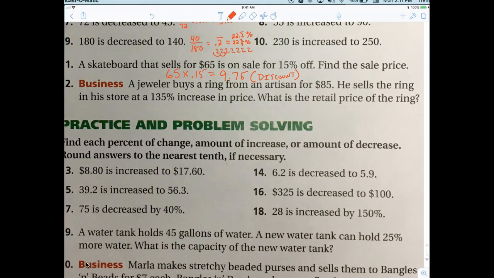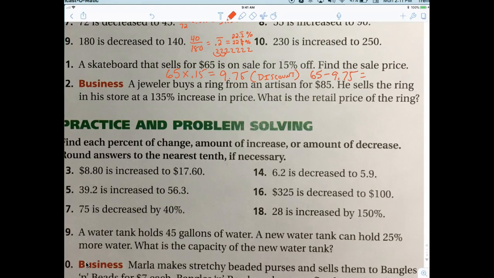9.75 plus 65? Now look, when you go into a store and see a discount of 15% off, you're not going to add money to it. You're not going to say, I'd rather pay $70-something for it. 65 minus 9.75.